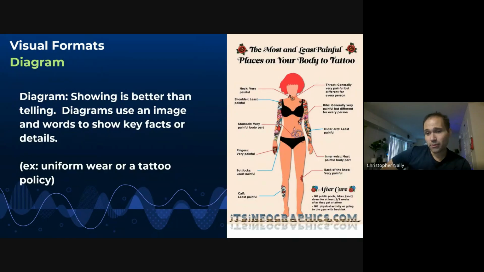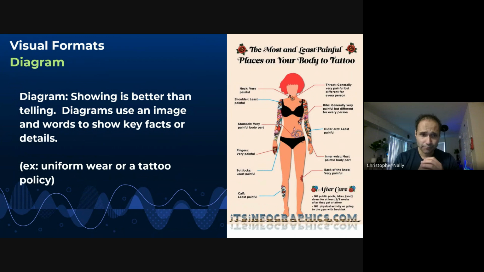And then we have, probably my favorite, the diagrams. The diagrams are very, very popular when it comes to military application. They could go for uniform policy, how to wear the uniform, and you can have a uniform picture or illustration with literally pointers going to the different pieces of the uniform saying this has to be 1 inch, 3/4 of an inch.